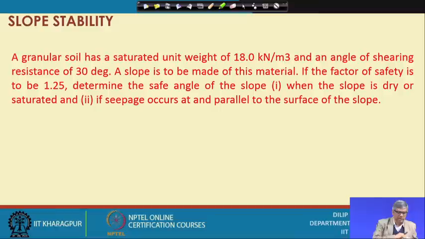A granular soil has a saturated unit weight equal to 18 kN/m³ and angle of shearing resistance equal to 30 degrees. The slope is to be made of this material.